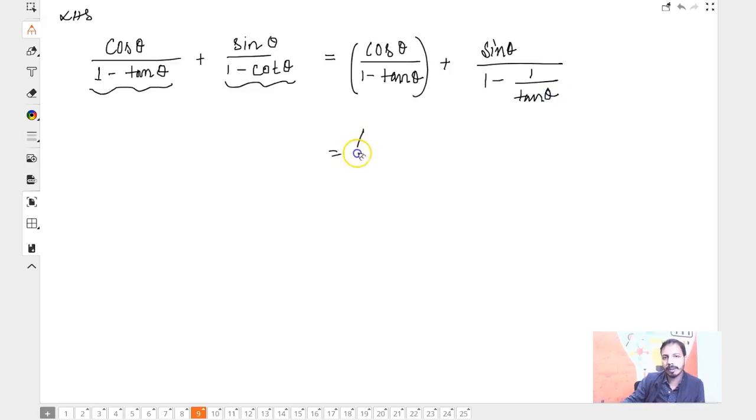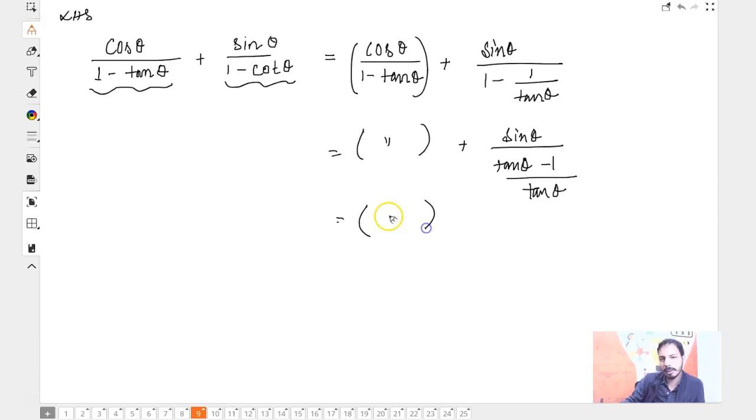Now what will happen? This will be the same, plus here I write sine theta by (tan theta minus 1 by tan theta). So what I have done is I have taken the LCM here. So now I can write the same thing here, plus sine theta into tan theta by (tan theta minus 1).